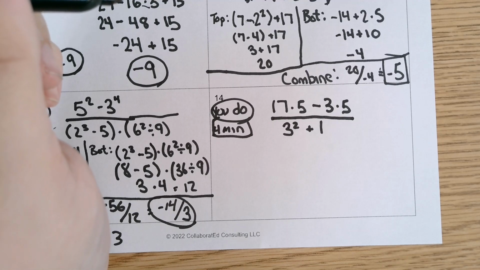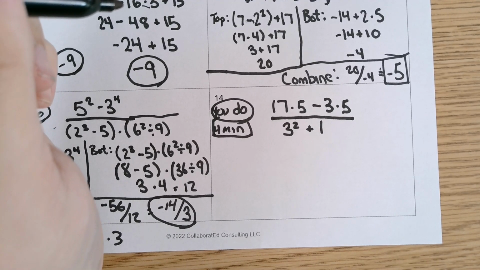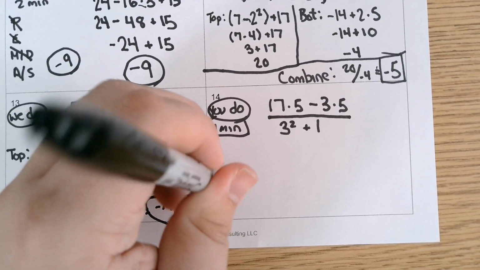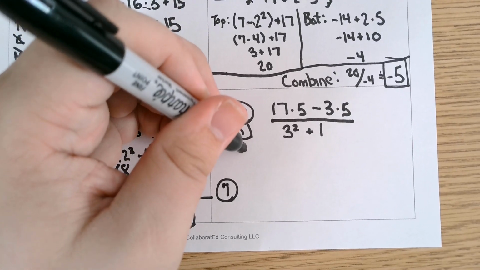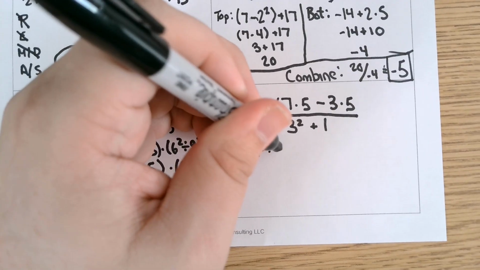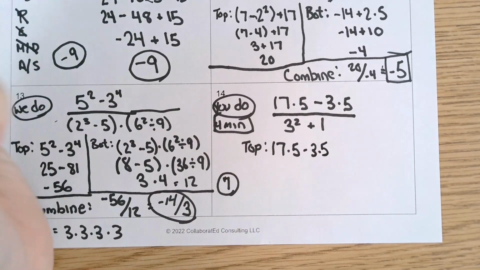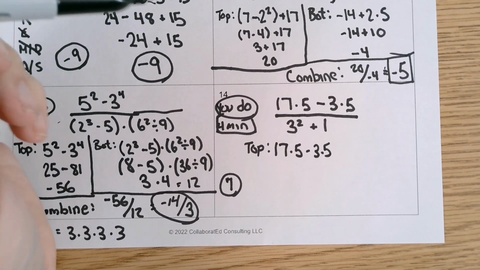All right, let's go over the answer. Answer, I believe, if I did this right in my head, will be 7. Let's find out. So we do our top. 17 times 5 minus 3 times 5. So there's no parentheses, there's no exponents. We go right to multiplication and division.